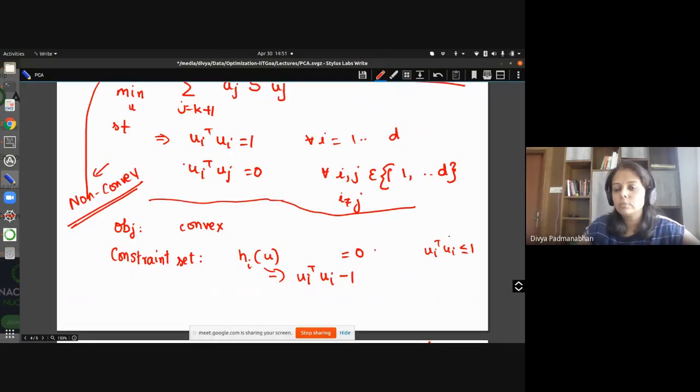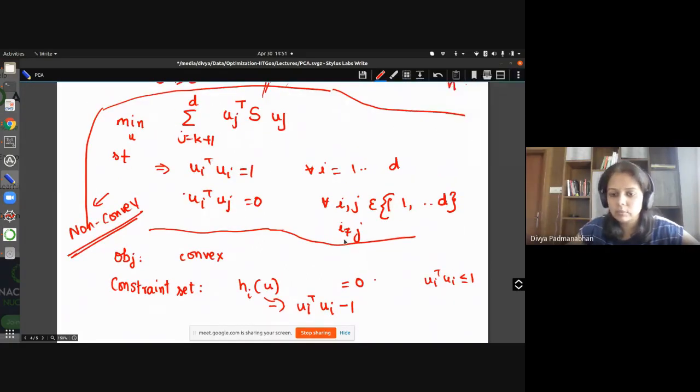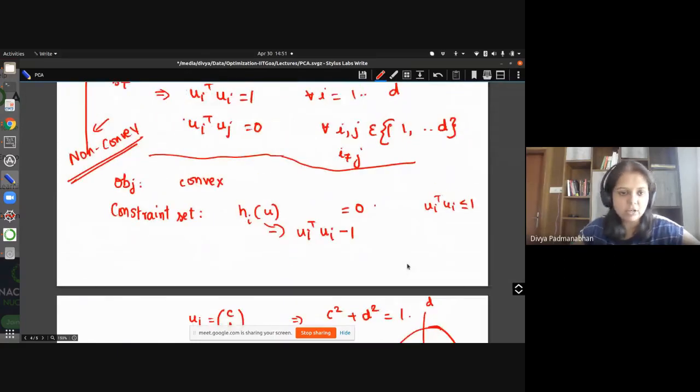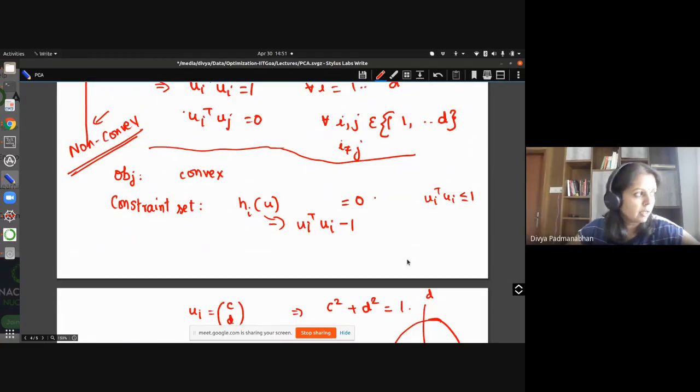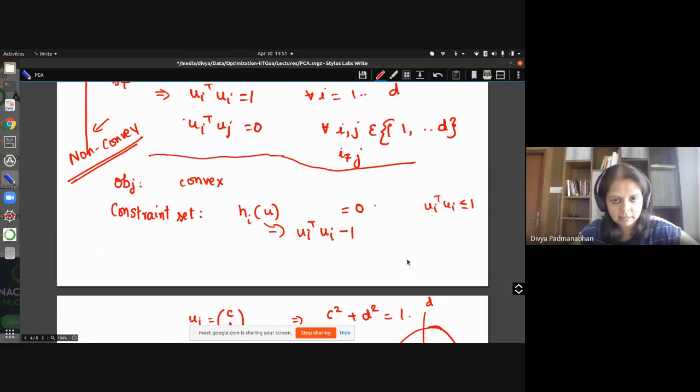Remember that for any general optimization problem, we had these necessary conditions.